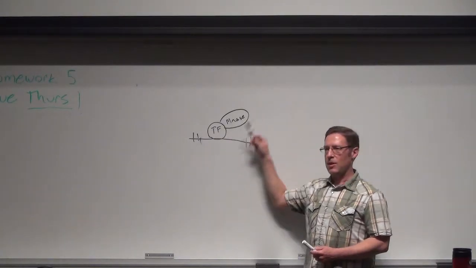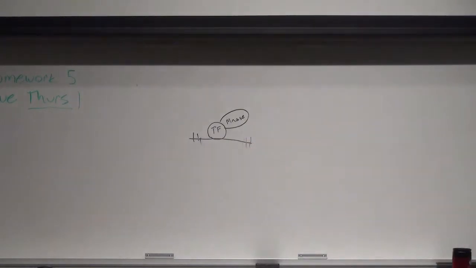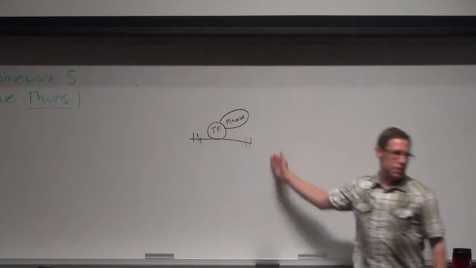Any questions about this? I know it's a brief summary of the method, but that's basically the idea. It's a new method for identifying transcription factor binding sites. I'm going to show you one figure from the paper. One of the big claims the authors make is that they discovered a new class of transcription factor binding site.